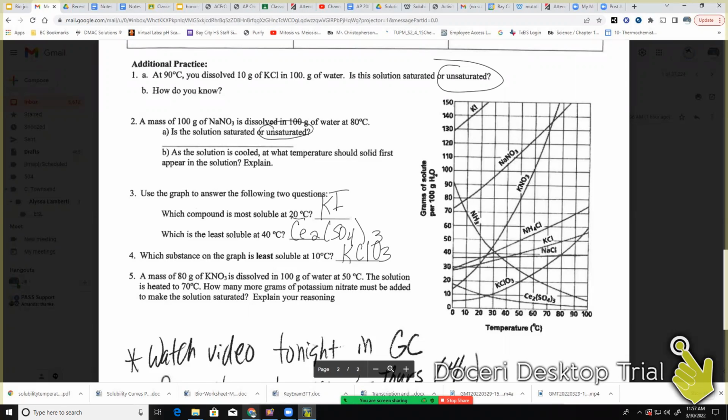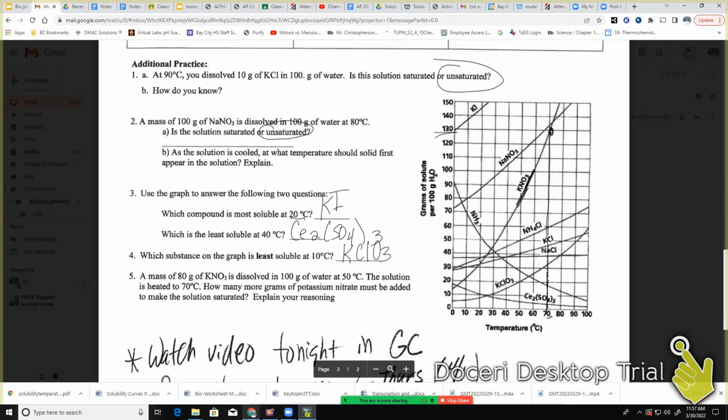All right, and then the last one here is a little addition or subtraction. It says I'm looking at potassium nitrate, so that's this curve right here. And I have 80 grams dissolved in the water at 50 degrees Celsius. The solution is then heated up to 70 degrees. So when I move up to 70 degrees, to get it saturated I need about 130 grams.